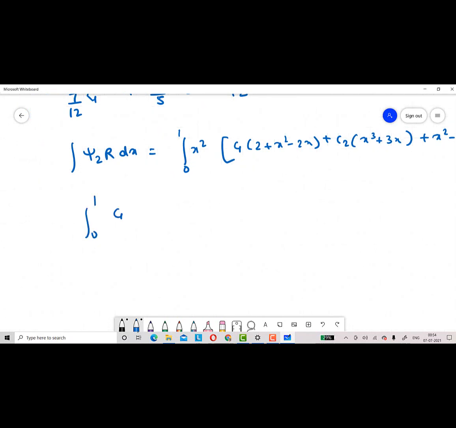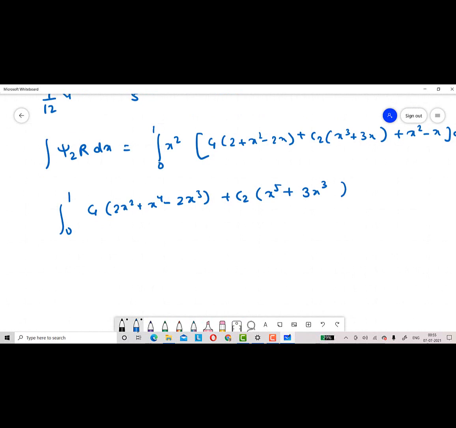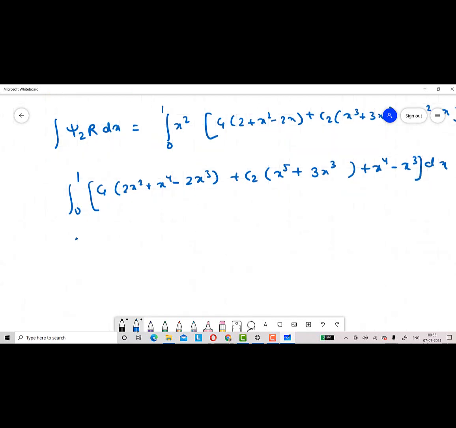It will look like C1 (2x square plus x to the power 4 minus 2x cube) plus C2 (x to the power 5 plus 3x cube plus x to the power 4 minus x cube) dx. On solving, we get the coefficient of C1 as 11/30 plus 11/12 C2 equals 1/20.